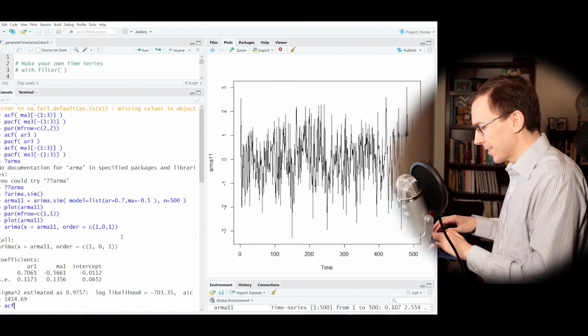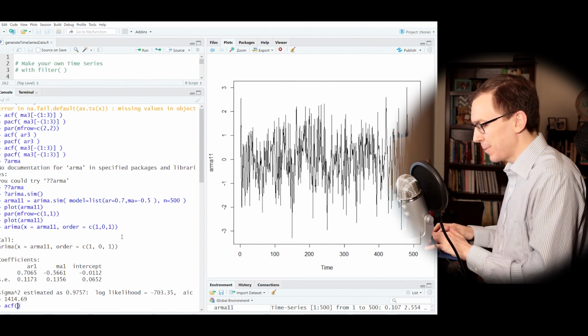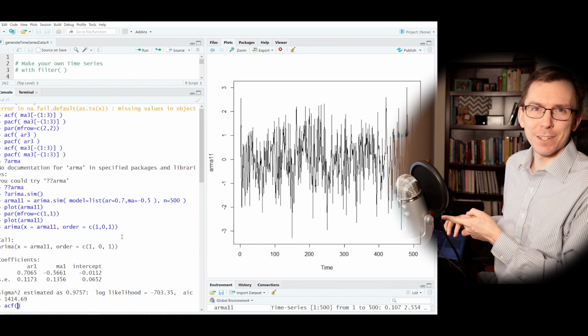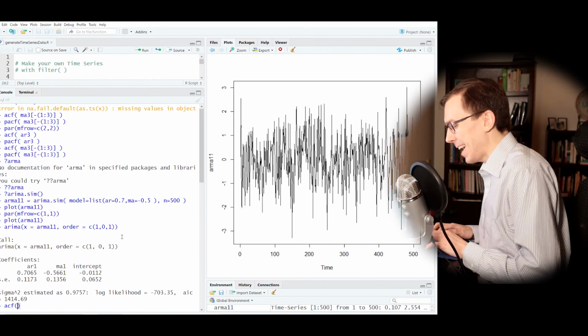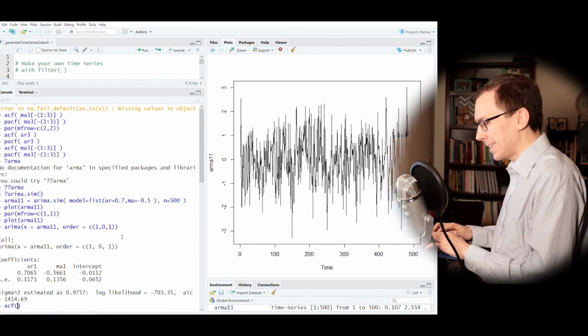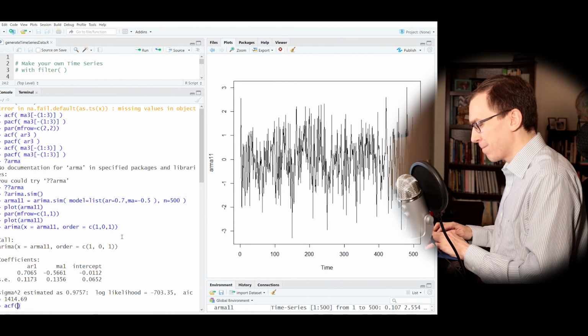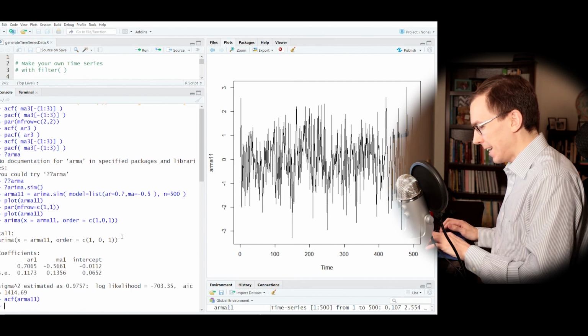But in this case, let's just look at the ACF and the PACF and see what we get. I actually could have used this function to simulate the AR and the MA process more easily than the filter process, but that's okay. Anyway, let's look at ARMA 1.1 and say ACF.